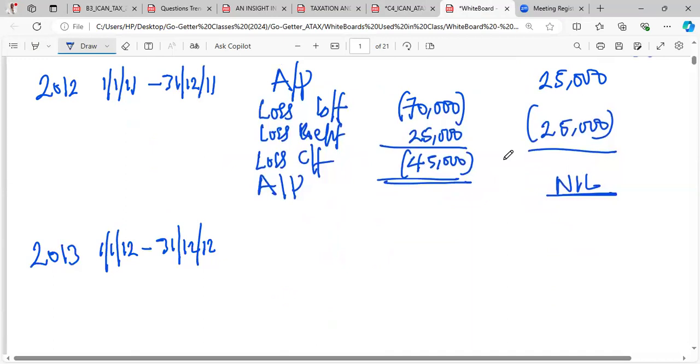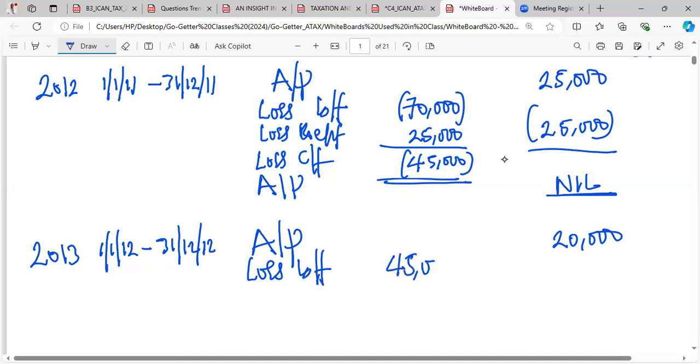20,000 as our assessable profit. We will now come with our loss brought forward. Bring your 45,000 here. The same logic, you are owing 45, you are asked to pay 20. Loss relief.